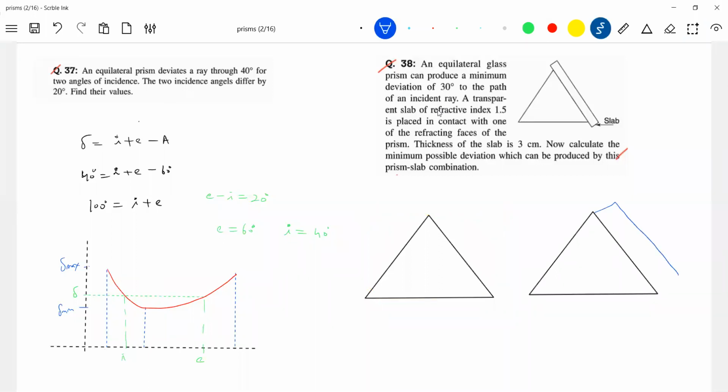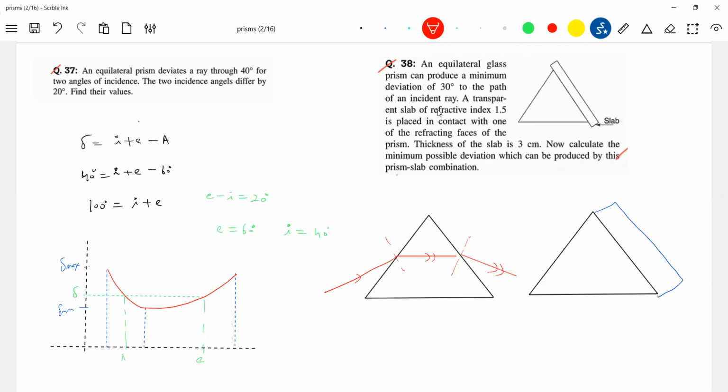Second thing, later on I'll do coloring. So if I send a ray, the slab will not produce any deviation. So there's a ray. Minimum deviation, minimum possible deviation. What will happen again? The deviation will be the same. You calculate. So here what happened?